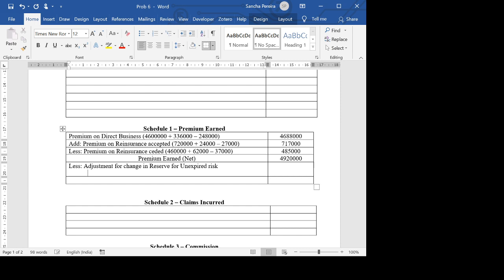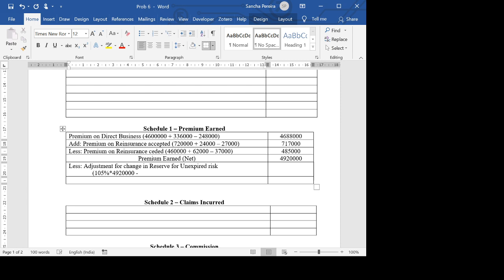And how do we calculate this? We need to calculate the current year's reserve minus the previous year's reserve to know how much additional we need to provide. So we have 100% since it's marine insurance business plus the additional reserve of 5%, so 105% into 49,20,000 minus the opening balance.